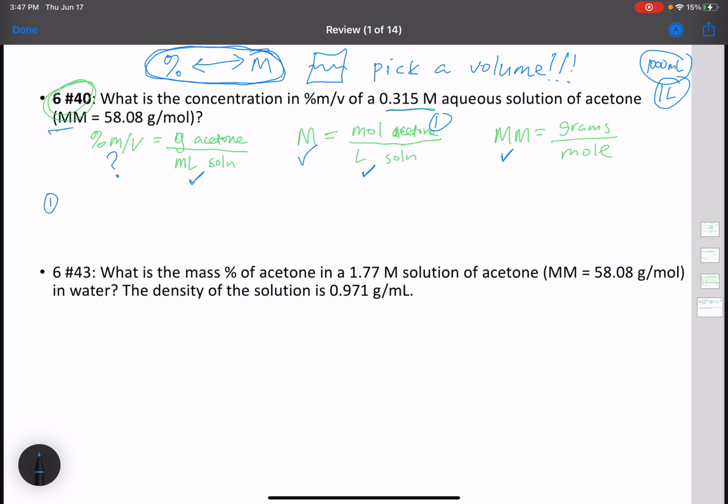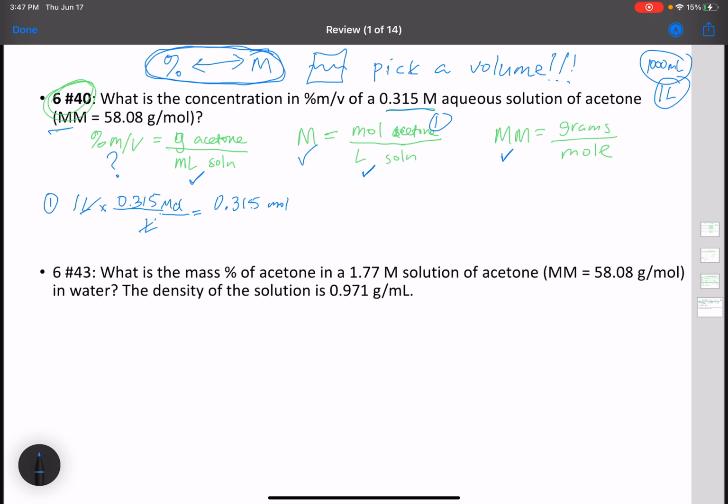So if we have 1 liter of solution, and we multiply that by the molarity of 0.315 moles per liter, all right, then we get 0.315 moles of acetone.